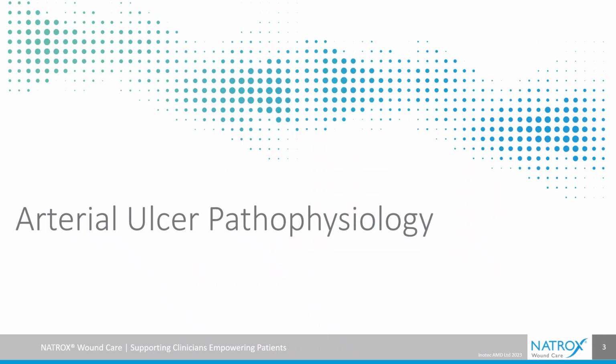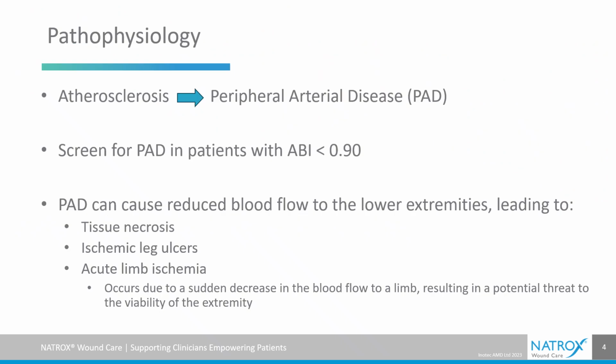Let's first discuss arterial ulcer pathophysiology. Arterial sclerosis will contribute to the development of peripheral arterial disease, or PAD. Screening for PAD should occur in patients with ABIs of less than 0.9.